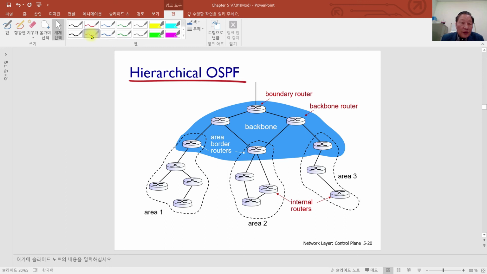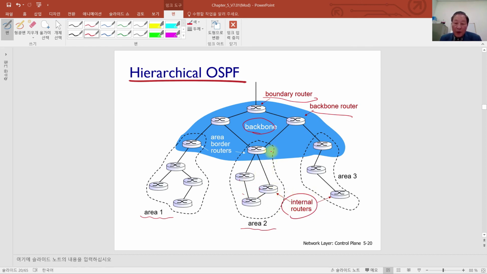Here, hierarchically, this is area 1 and area 2, these are area border routers, these are backbone routers, and this one is the boundary router. And those are internal routers.